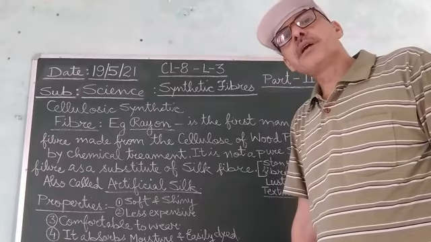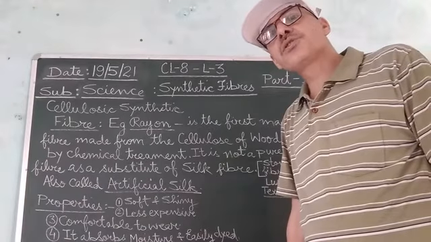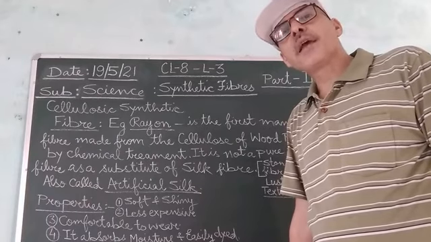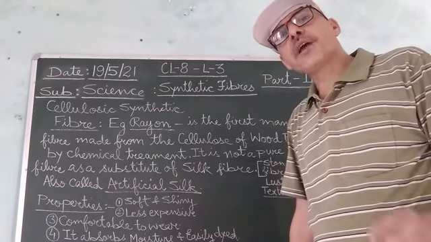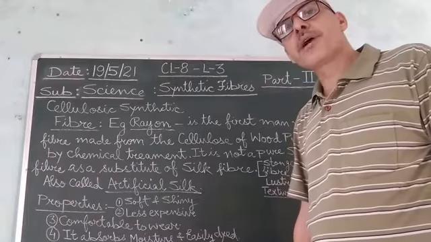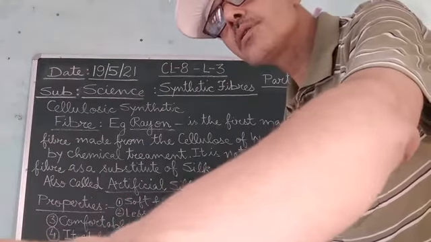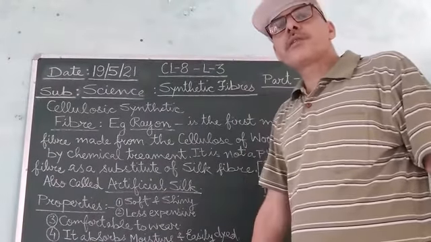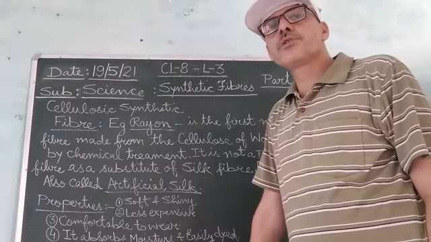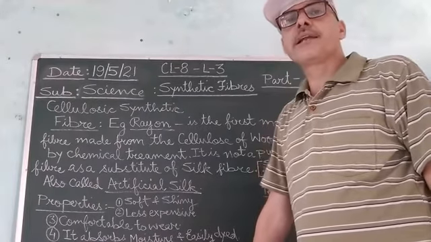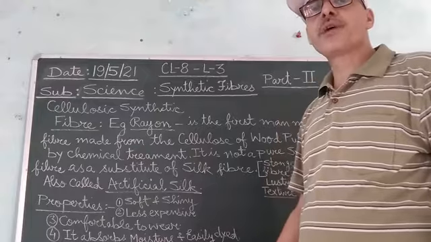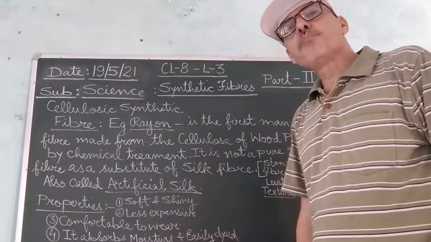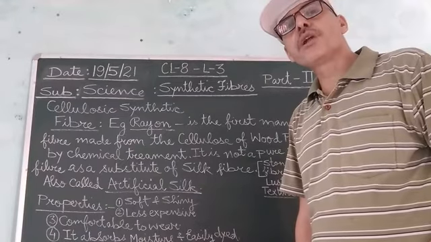Now I will explain to you about the last type of non-cellulosic synthetic fiber, which is called the acrylic. This is the fourth and the last type of non-cellulosic synthetic fiber, that is the acrylic fiber. And this acrylic fiber is made from the chemical substance which is a polymer of polyacrylonitrile.